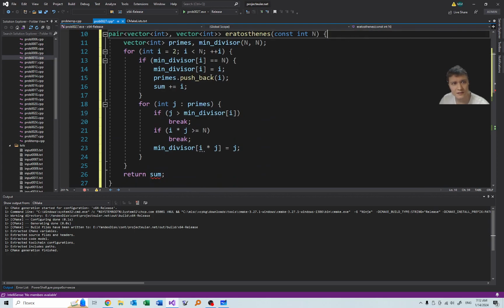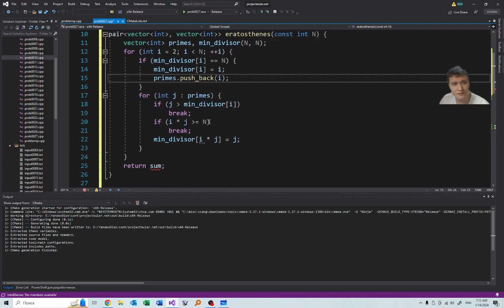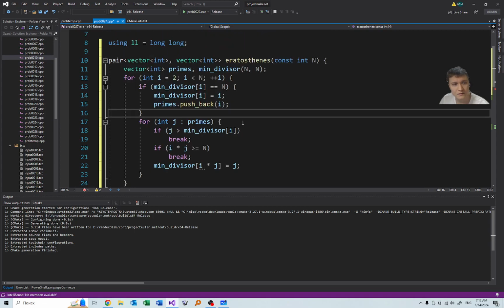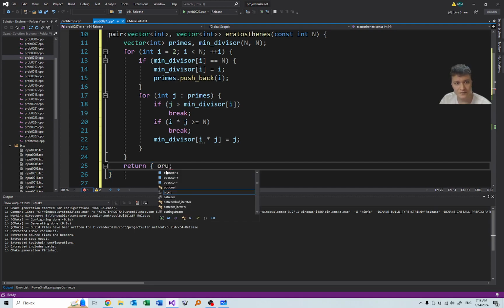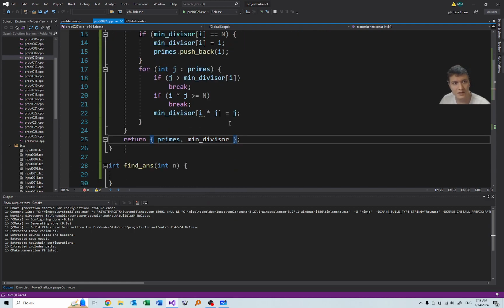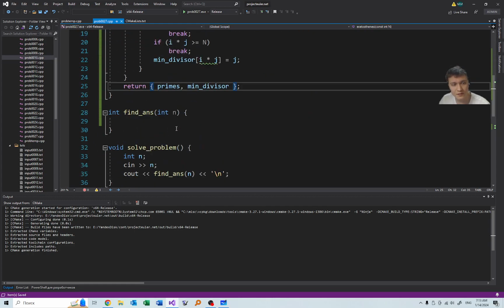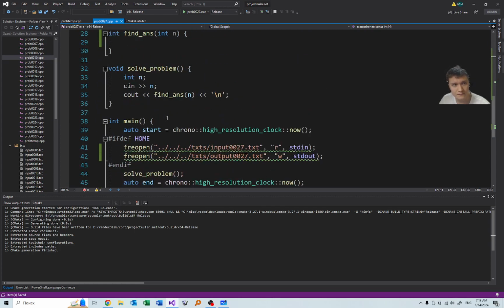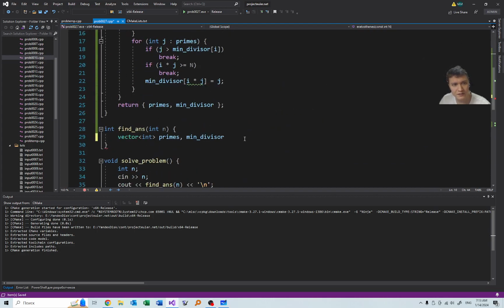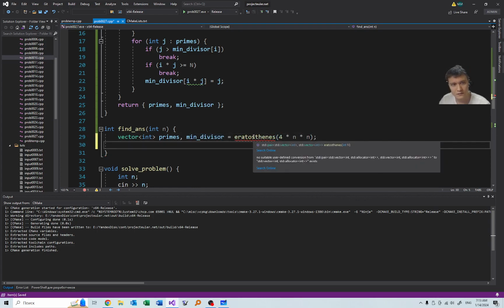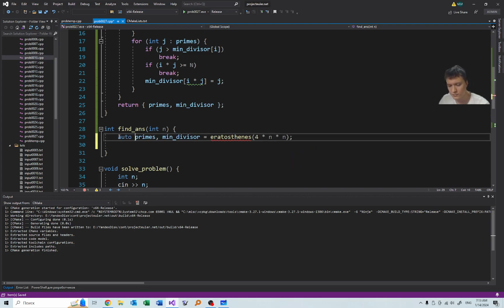This is not interesting. Here we return primes and min divisor. Nice. So here we return them for something like 3n squared, or even 4n squared, should be written like this.